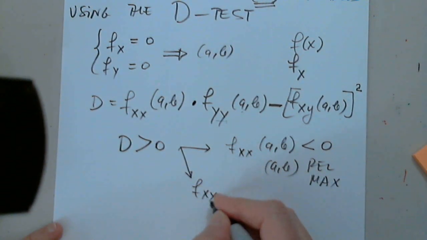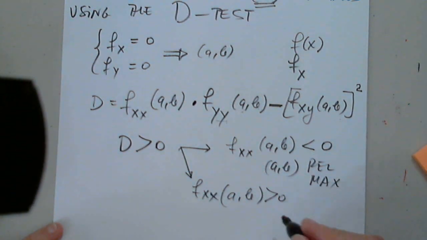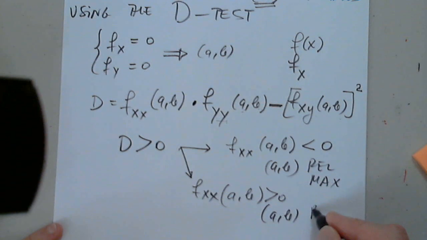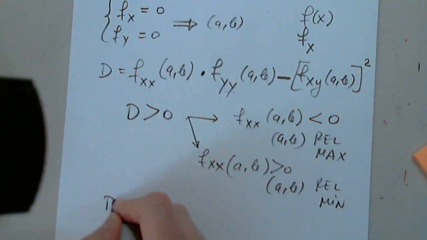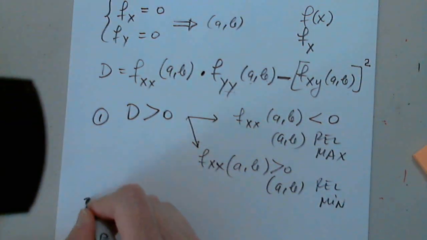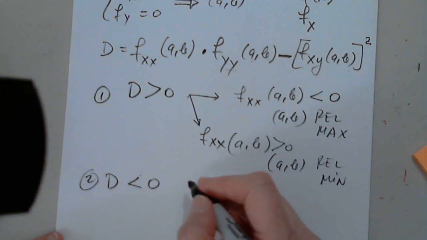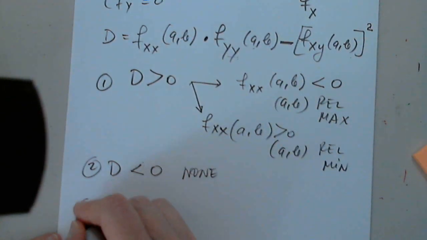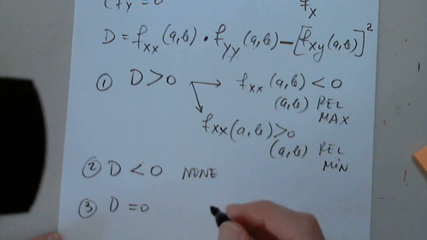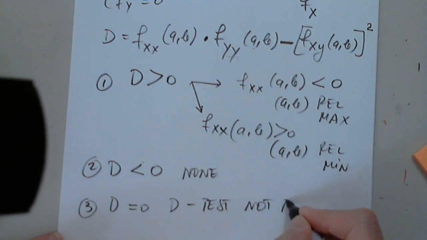If f_xx at (a, b) is greater than 0, then (a, b) is a relative min. So this is number 1, this is number 2. If D is less than 0, no max-min. And number 3, if D equals 0, D-test not applicable.